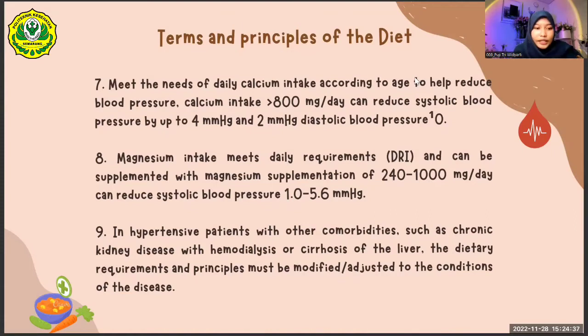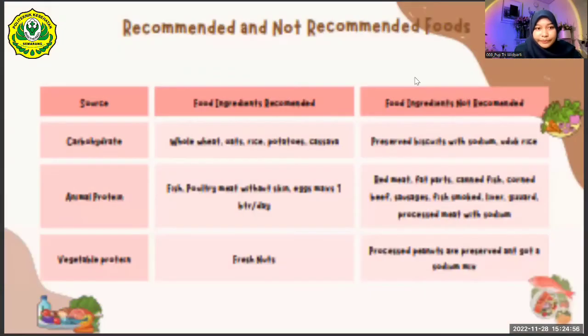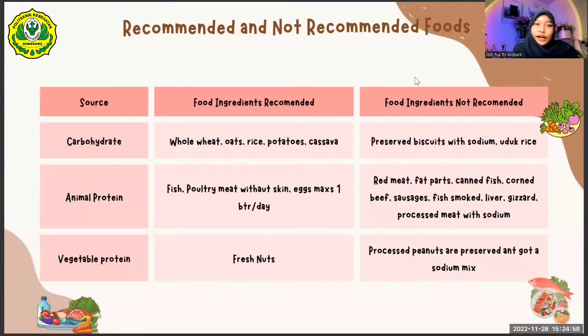And the last is in hypertensive patients with other comorbidities, such as chronic kidney disease with hemodialysis or cirrhosis of the liver, the dietary requirements and principles must be modified and adjusted to the conditions of the disease.